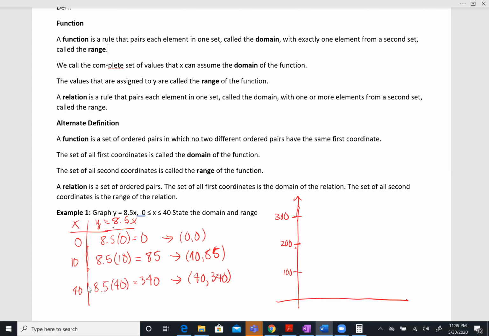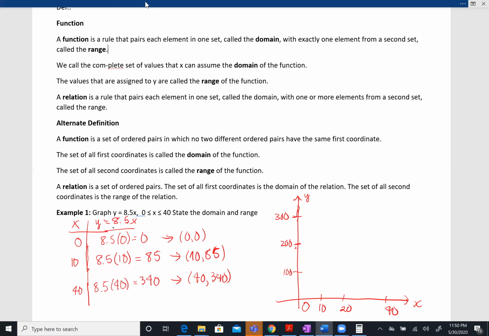Okay, and then the y is vertical and the x is horizontal. The x just goes from 0 to 40, so I'm going to say here 0. Here is 20, and here is 40, and I know that is 20, 10 here. Okay, so let me choose another color.